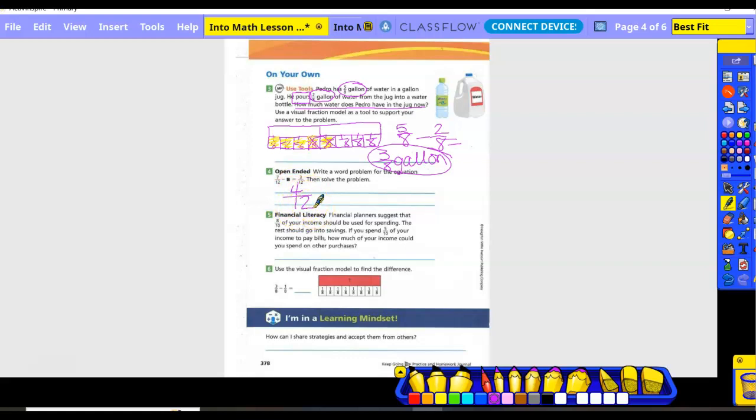Financial theorists suggest that 8/10 of your income should be used for spending. The rest should go into savings. If you spend 5/10 of your income on bills, how much of your income could you spend on other purchases? So we have 8/10, 5/10, and then how much of your income could you spend on other purchases?